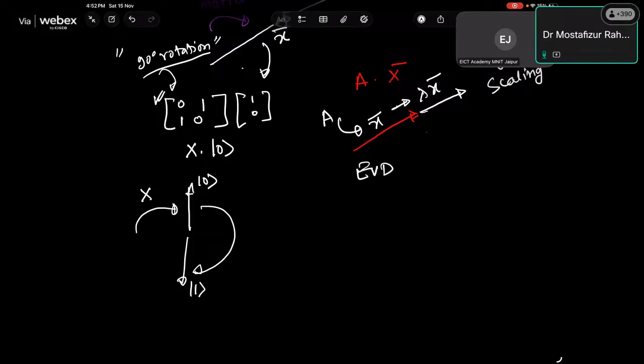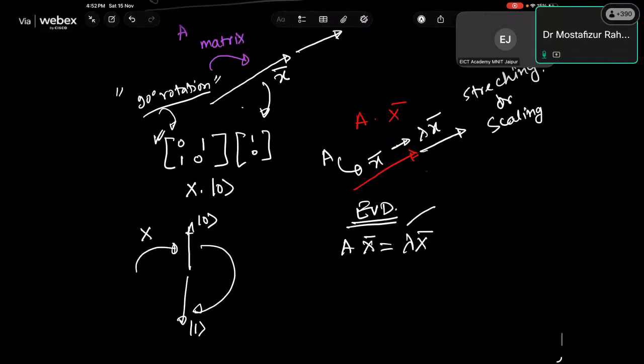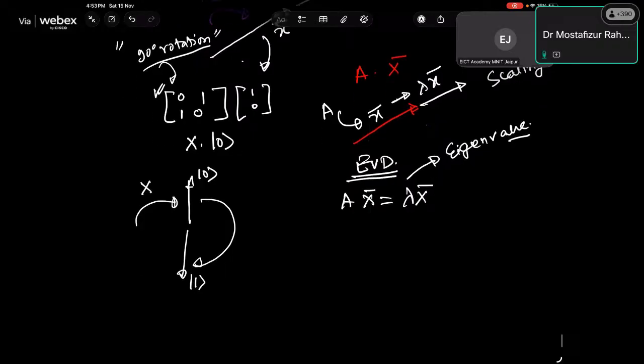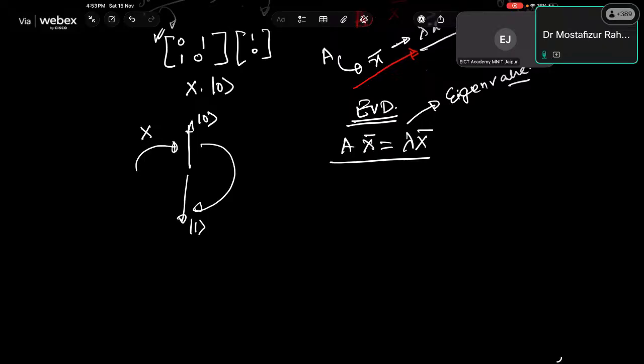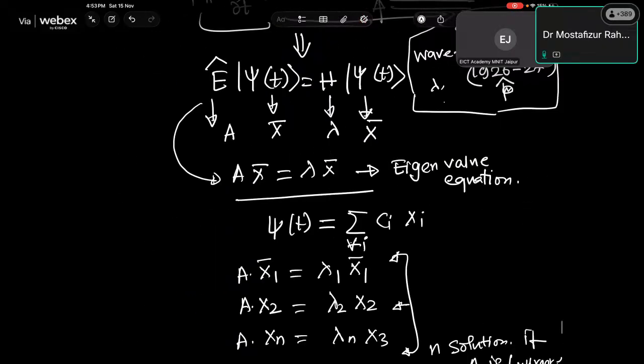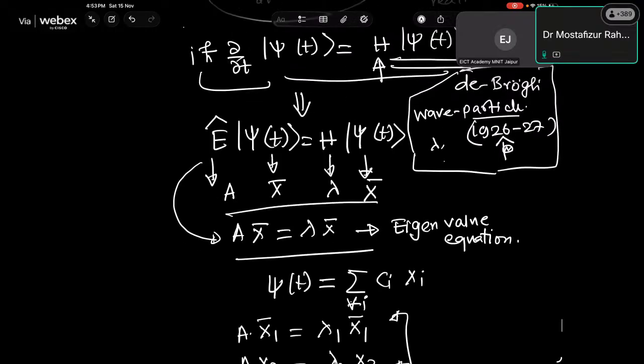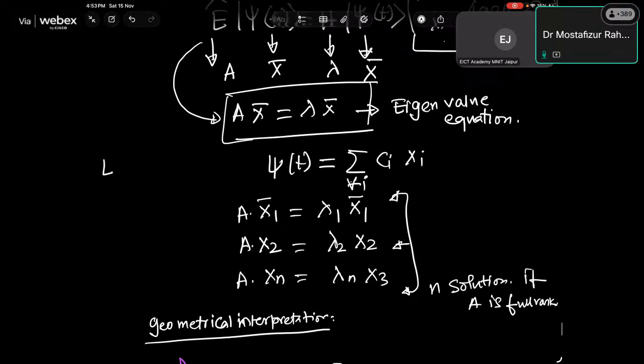So by EVD, in the equation Ax equals lambda x, we say that this scalar is called the eigenvalue. An eigenvalue is such a scalar which does not change the direction of the vector which represents some physical phenomenon, but only stretches that vector due to the activity of the matrix A. So in quantum mechanics, if you look at these energy equations, for example, often we see the equation H psi equals E psi.